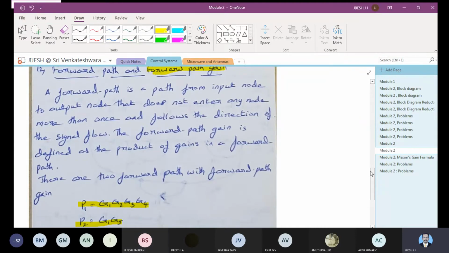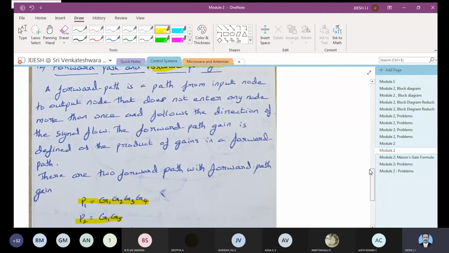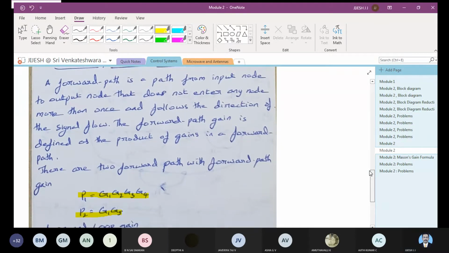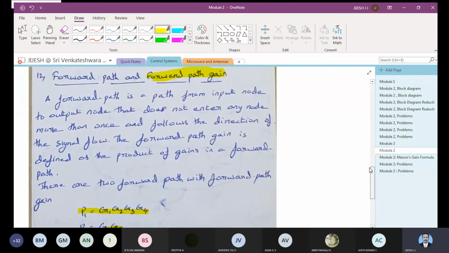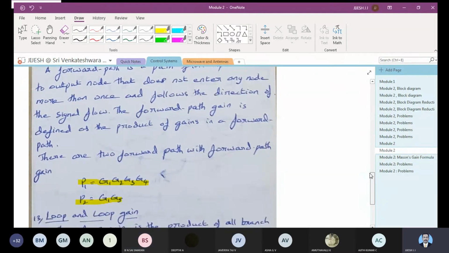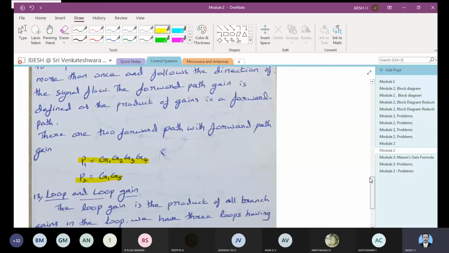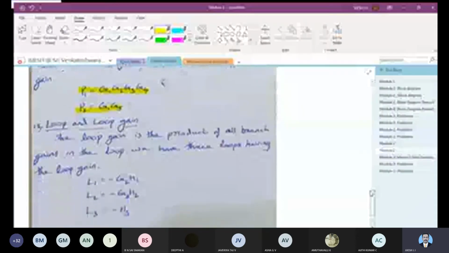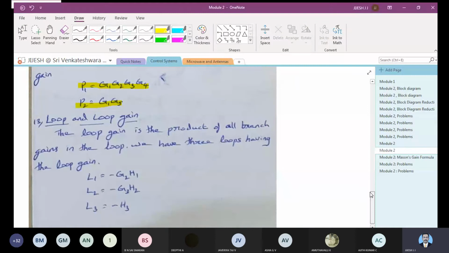See, this forward path and its gain is very important. Is it clear for everyone? Yes, sir. So next we'll move on to loop and loop gain. This is also required for you to understand. I have already discussed loops with you in the same figure, and with gain you have to multiply G and H and all those things.